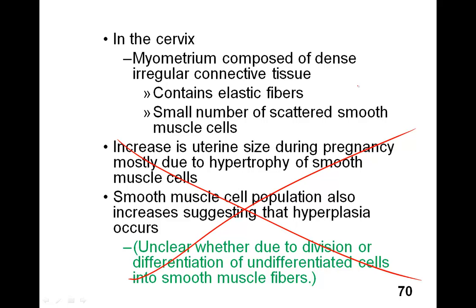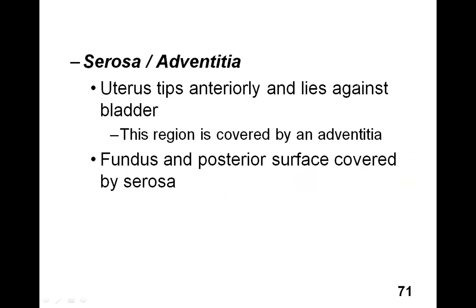Okay? All right. Now, the outer layer of the uterus will vary, again, depending on whether it's bordering the pelvic cavity or if it is actually associated with the body wall. And the uterus itself is going to be slightly tilted.